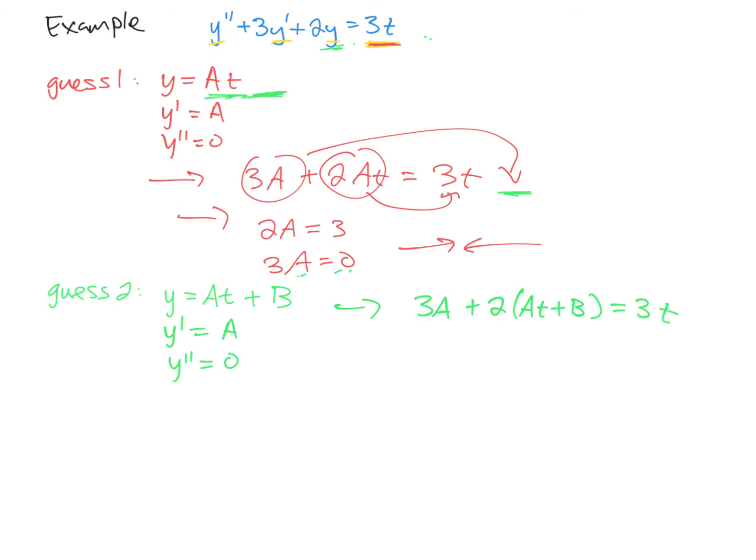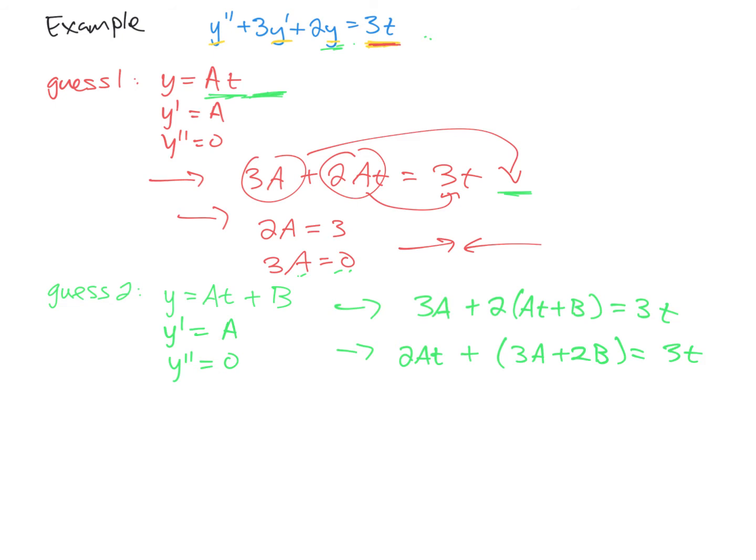We're going to combine all of the t terms together and all of the non-t terms together. So that gives us 2at plus 3a plus 2b equals 3t.